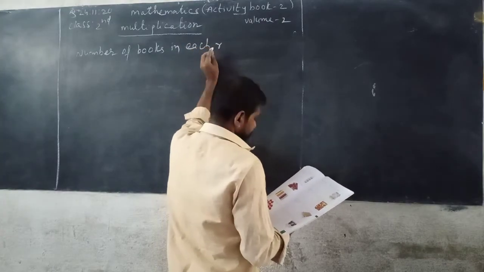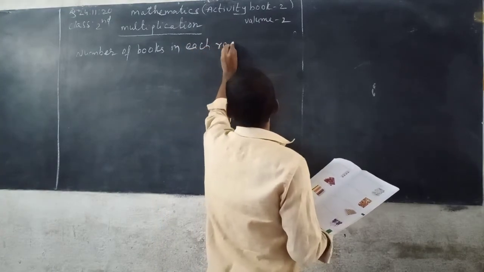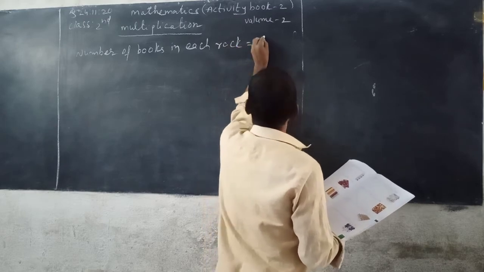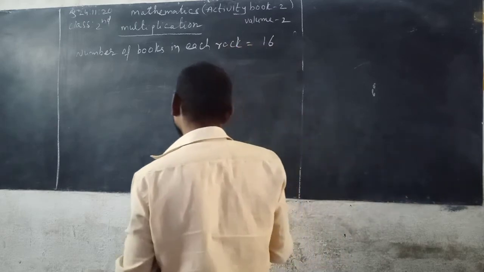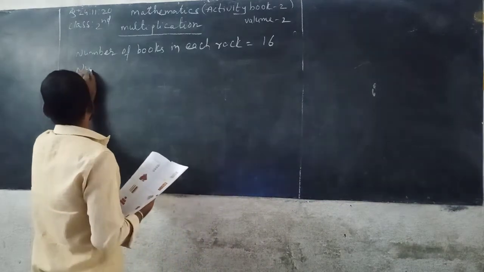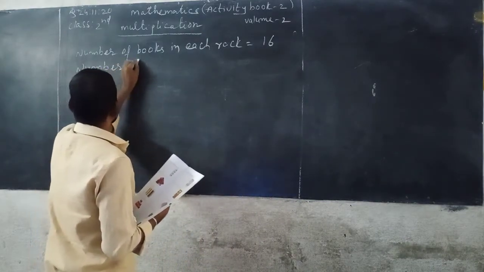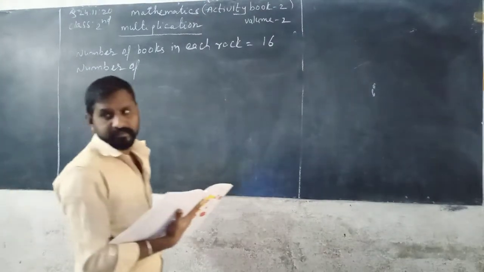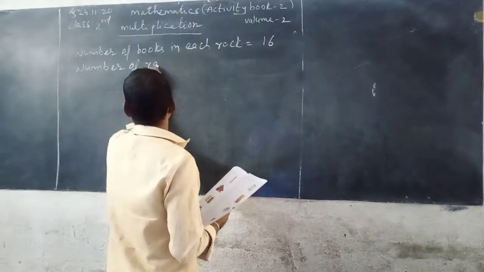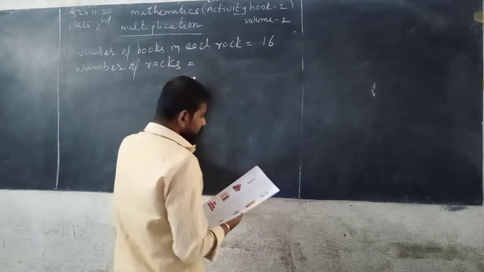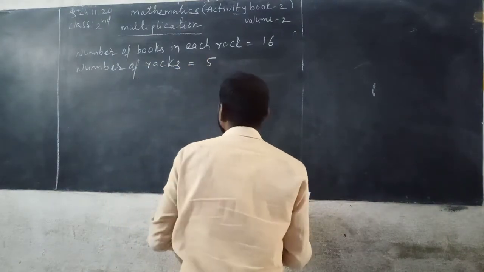Number of books in each rack is equal to 16. Number of racks is equal to 5.